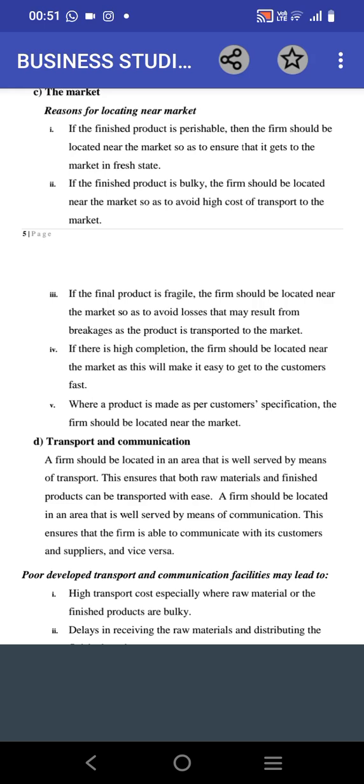Another factor: sometimes the government gives a policy for locating a farm near the market. If the government orders you to locate the farm near the market, you should locate it.